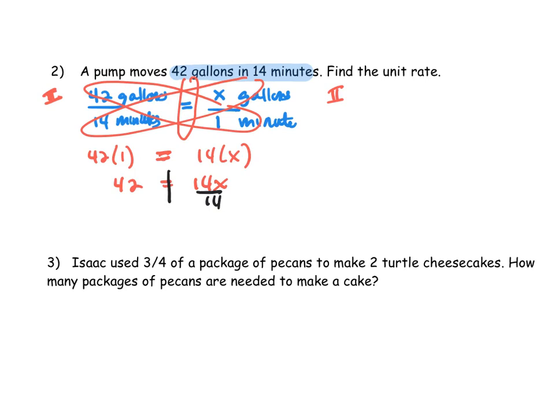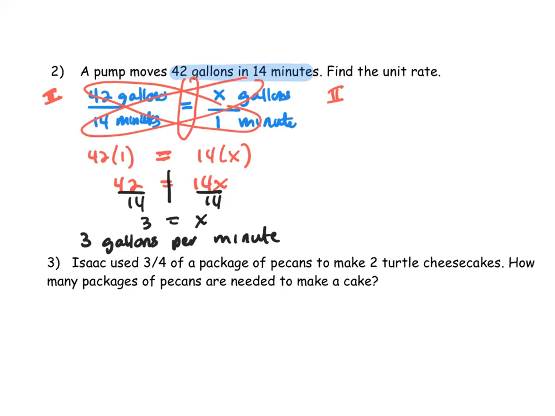I'm going to divide by 14 on both sides, and the answer is 3. So what did we answer? Well, we're going to look back up at what our variable is. X is talking about gallons. So we're going to write our answer as 3 gallons per, and our second quantity is minute.